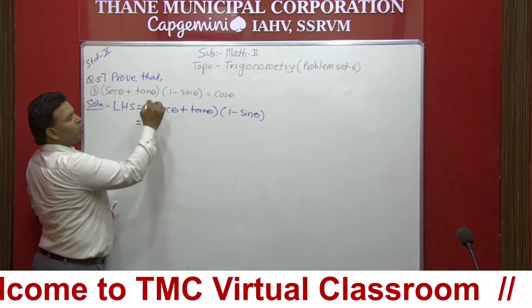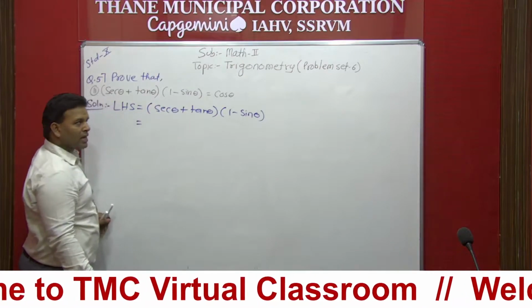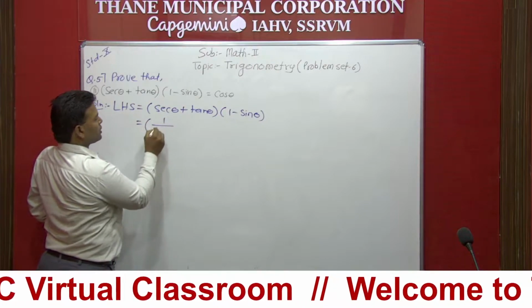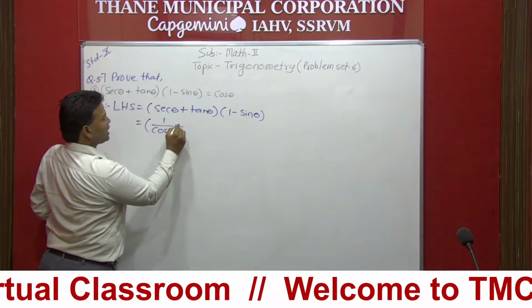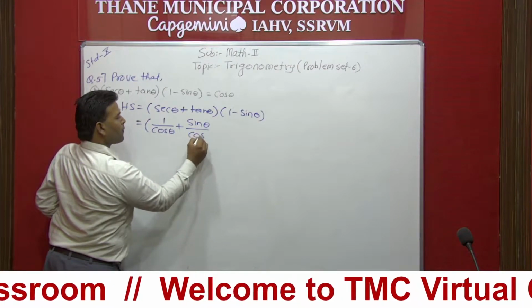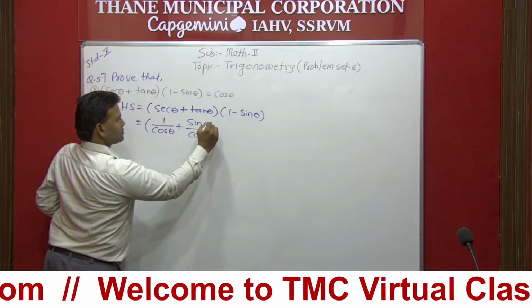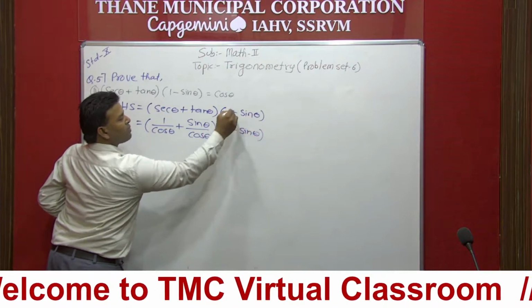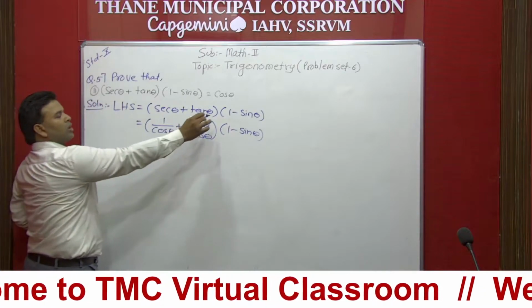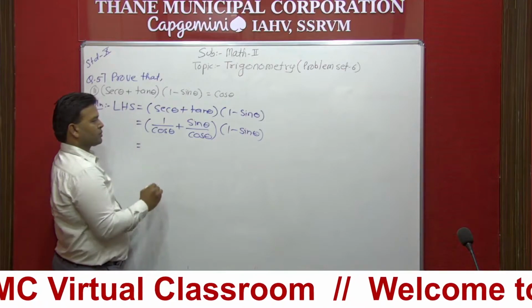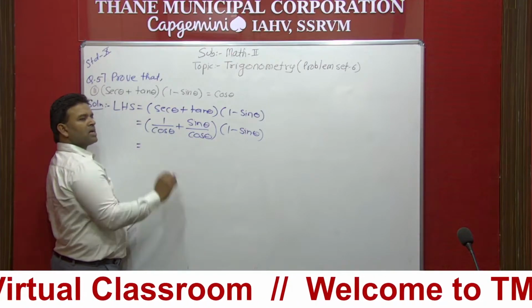Once again I am going to convert this in terms of sin and cos. So let us convert. This is going to be 1 upon cos theta, and this is sin theta upon cos theta. 1 minus sin theta will remain as it is because this is already in terms of sin and cos.